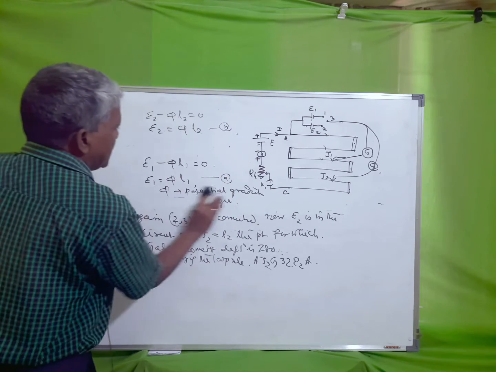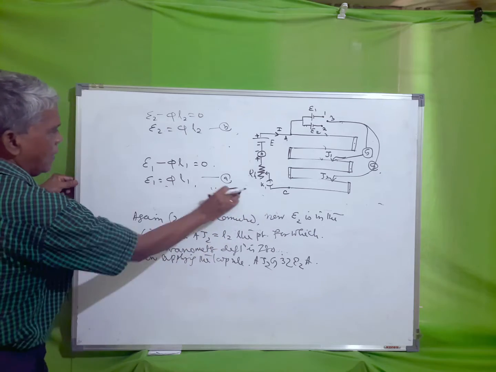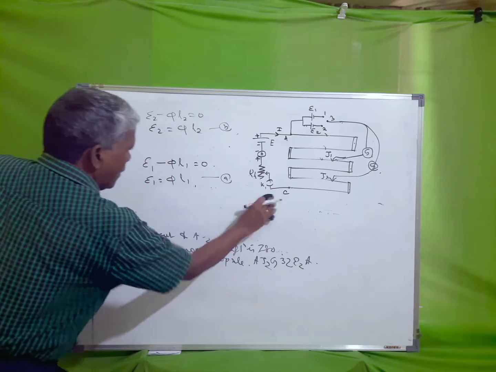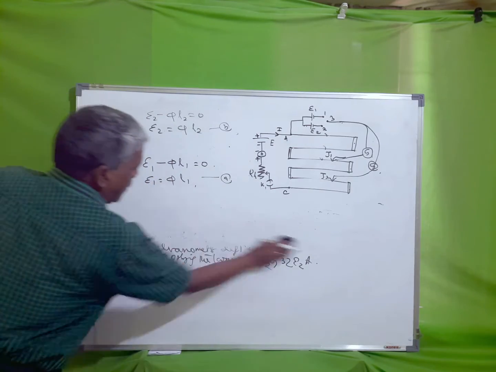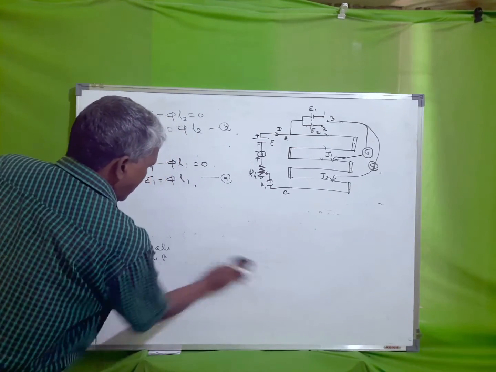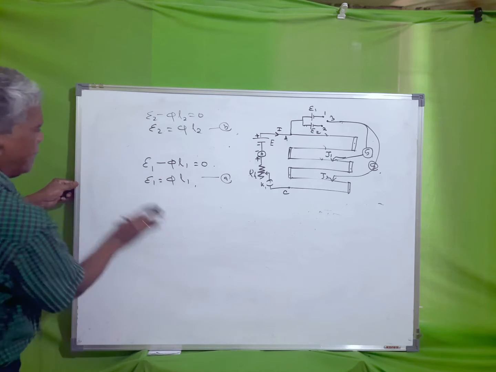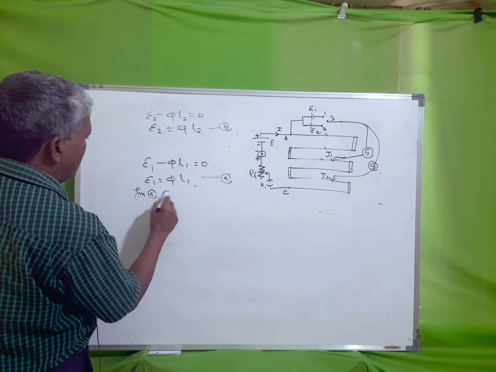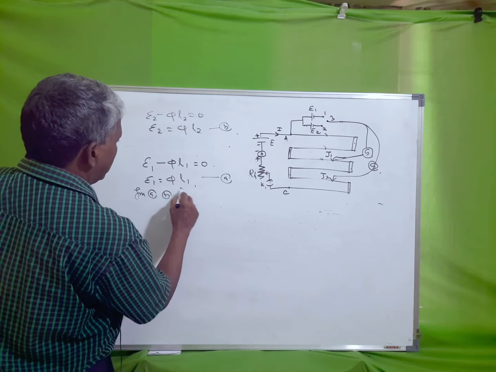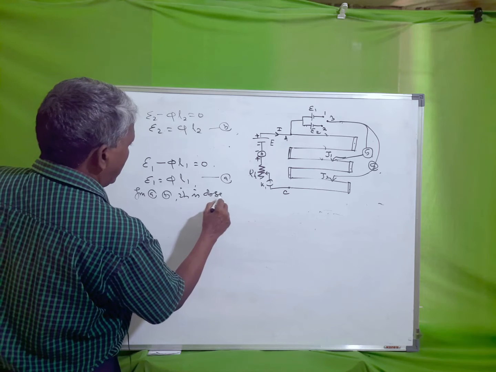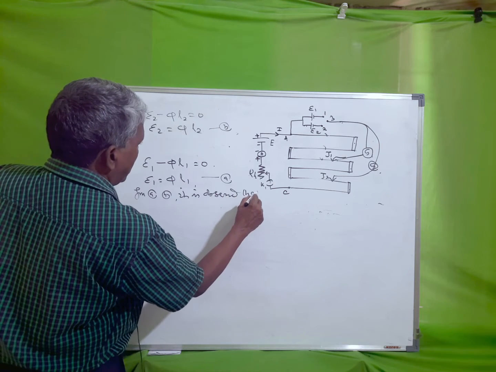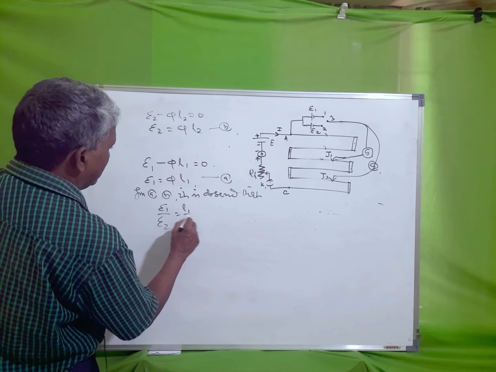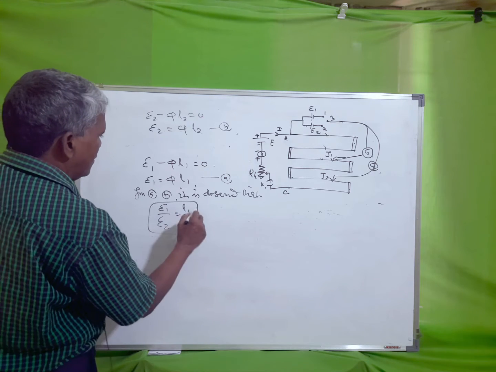From the two results, it is observed that E1 by E2 is equal to L1 by L2.